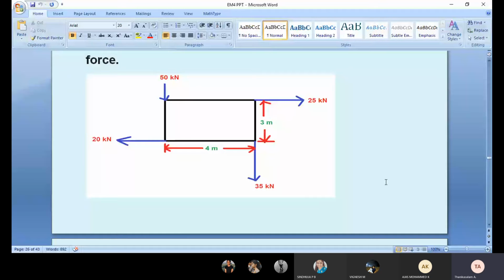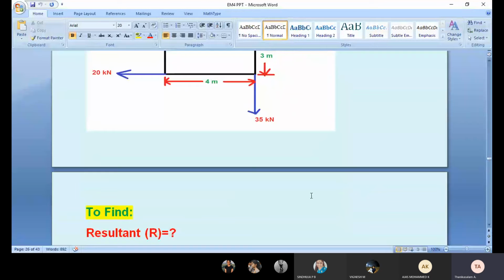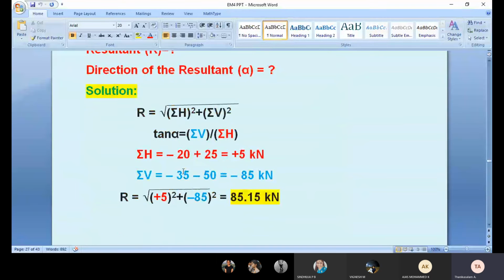Plus 25 kilonewton, minus 20 kilonewton. Understand? Why plus 25? It's the first quadrant. Very good. It goes in the positive x direction. Minus 20 kilonewton means it goes in the negative x direction. That's why I have written minus 20 plus 25 equal to 5 kilonewton.